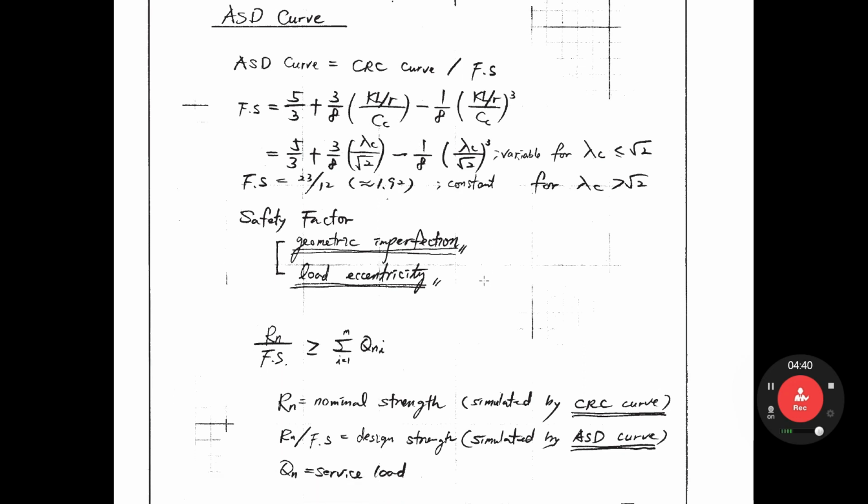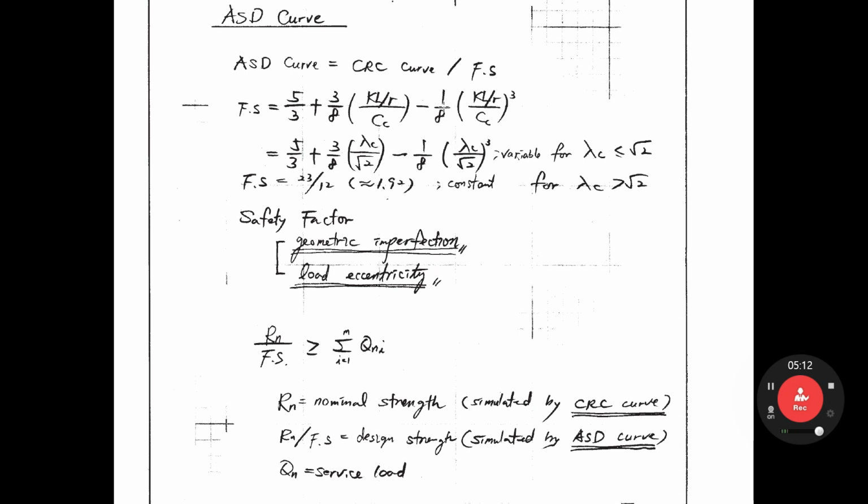So why should we apply the safety factor? Because the CRC column curve derivation does not consider geometry imperfection, right? The CRC column curve just considers residual stresses, but not geometry imperfection, okay? But a real column has geometry imperfection. That means it is initially not straight.